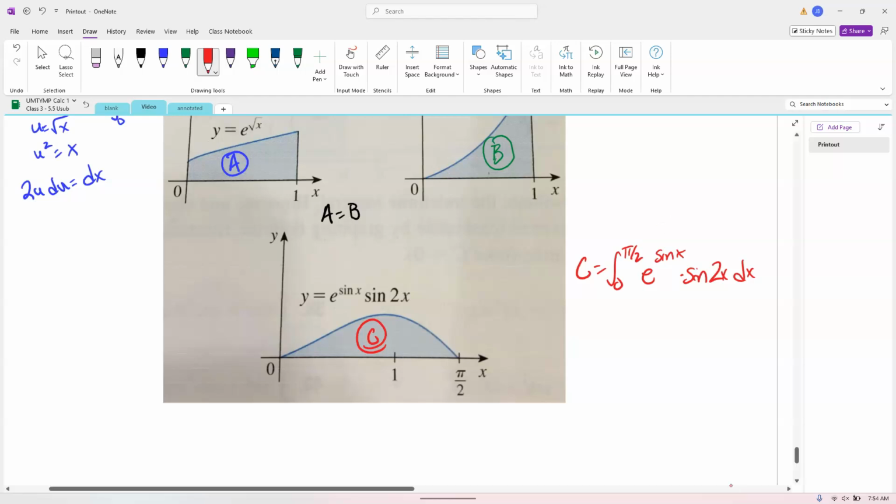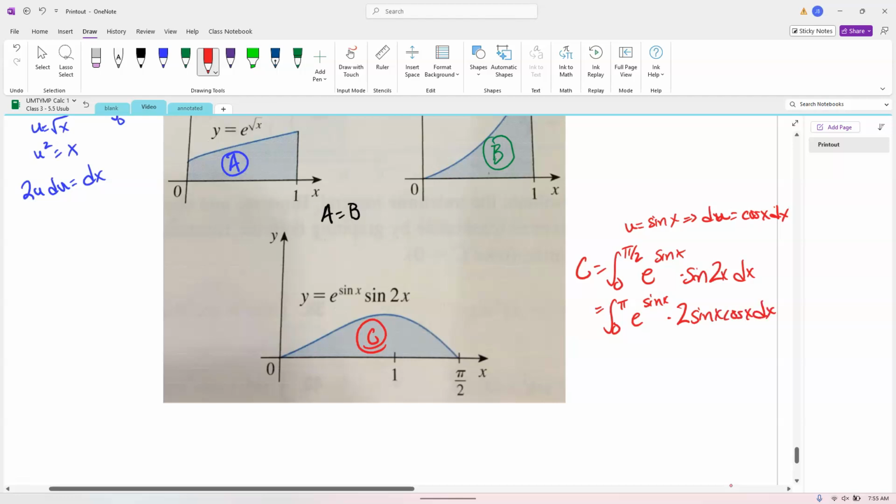So that's a very good guess and actually ends up being correct. So I would do u is equal to sine x, and then that means that du is equal to cosine x dx. But I have sine 2x. Oh, wait, there's a trig identity, right? 0 to pi over 2 e to the sine x times 2 sine x cosine x dx.